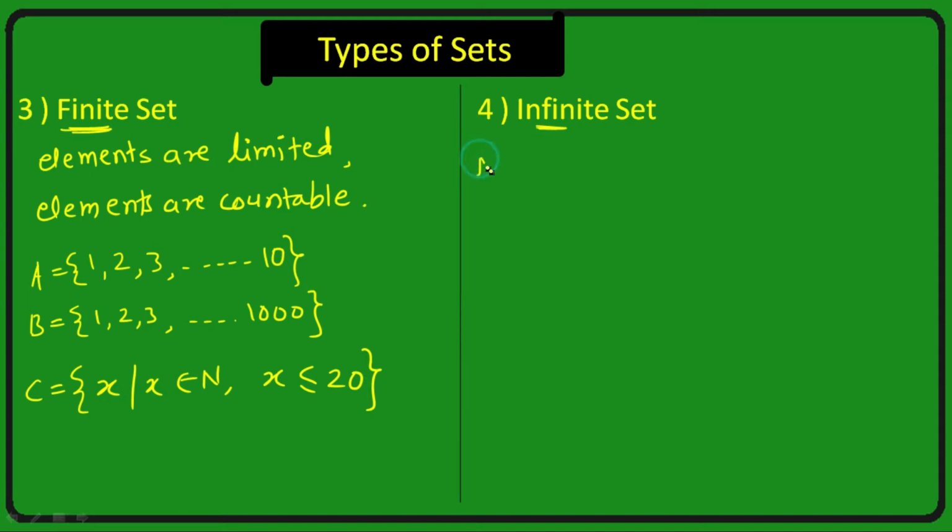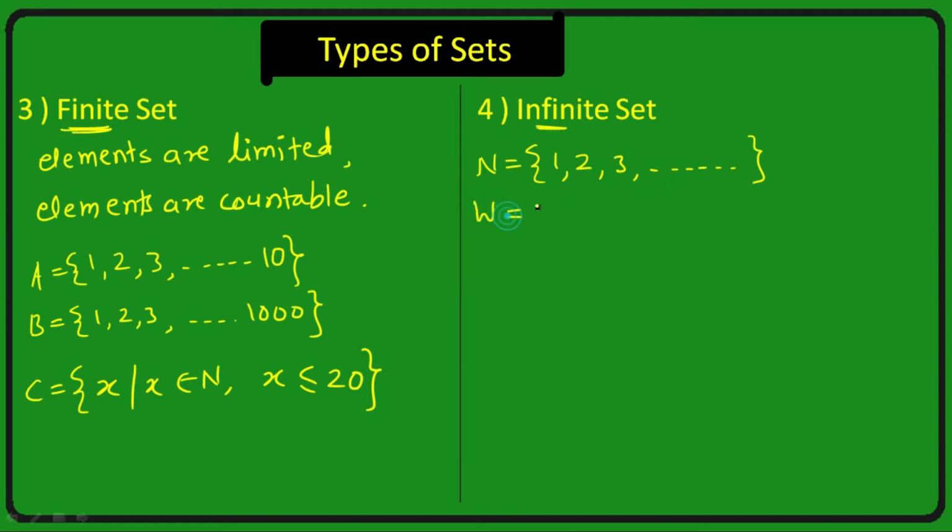Suppose the set of natural numbers, if we write it like this, 1, 2, 3, 4 up to infinity. The smallest natural number is 1, but the largest number we cannot define, we cannot say the largest natural number. Hence this set is called an infinite set. There are infinite number of elements in that set up to infinity.